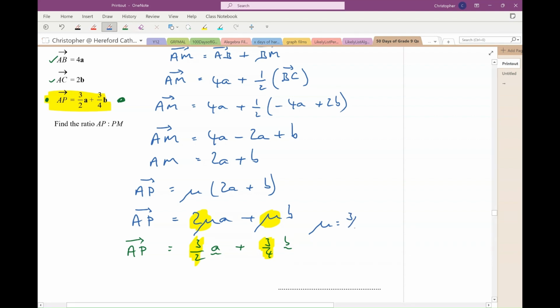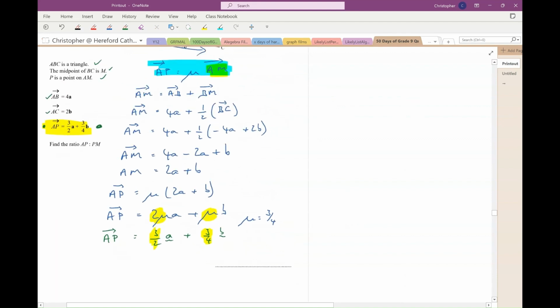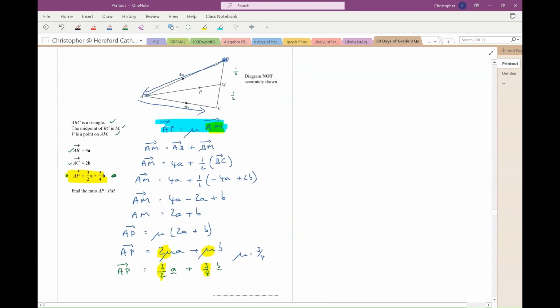Now, let's go back to see what I was asked for. So we've just decided that AP is 3/4 of the way along AM. So A to P, that bit, is 3/4 of the whole thing.